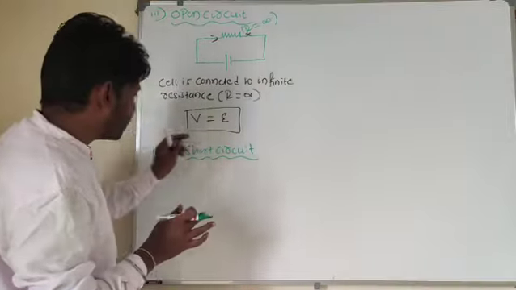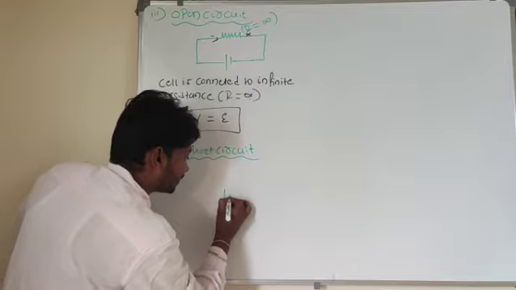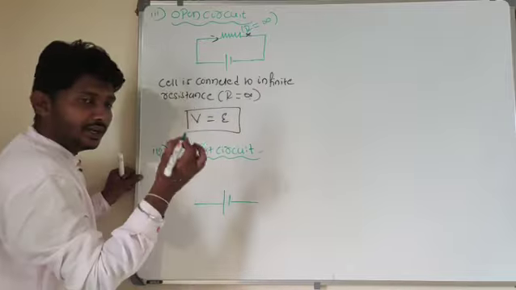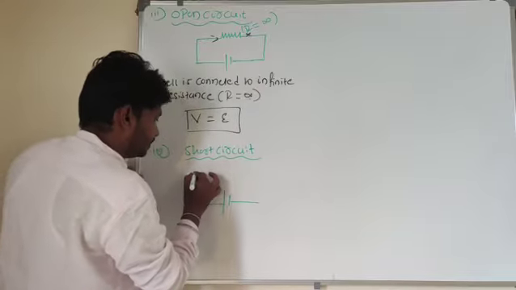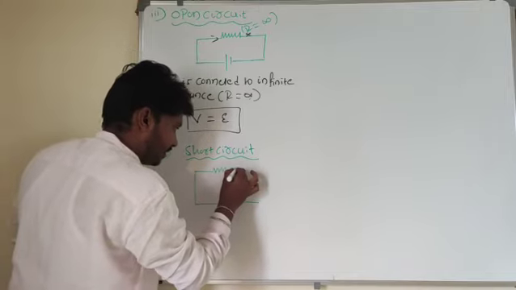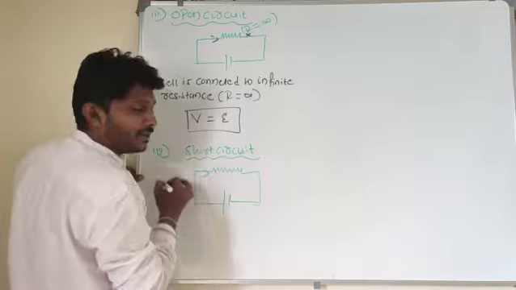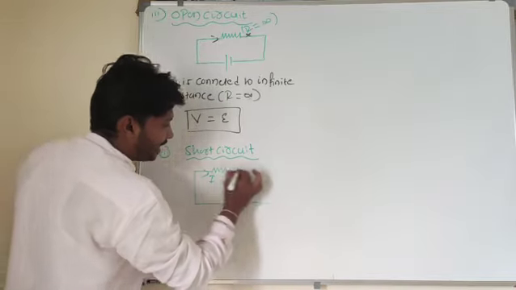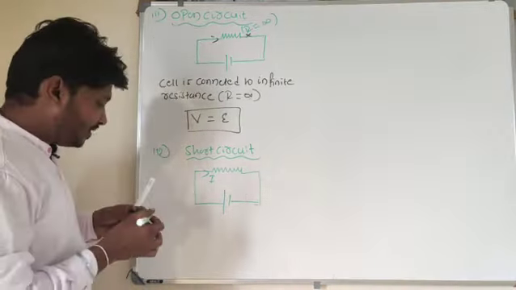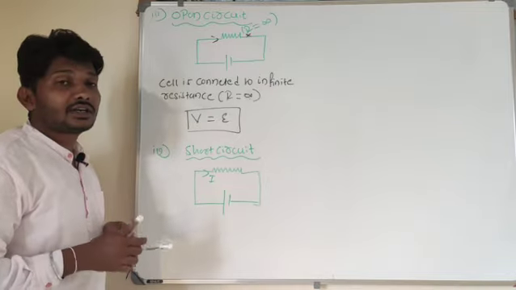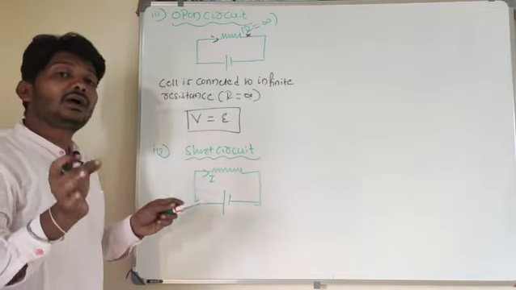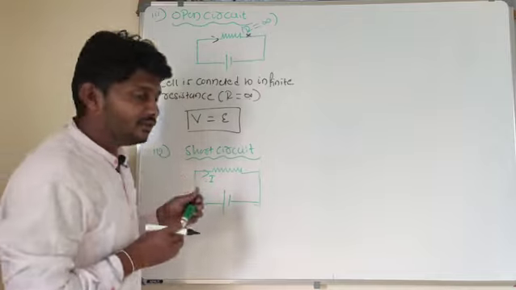That kind of circuit I can call a short circuit here. So again, let me consider one battery here. This is one conducting wire here. This conducting wire does not make any kind of opposition, means the entire amount of current will flow here. So look at here, in case of short circuit, the cell is connected to a conductor, its resistance value is 0.